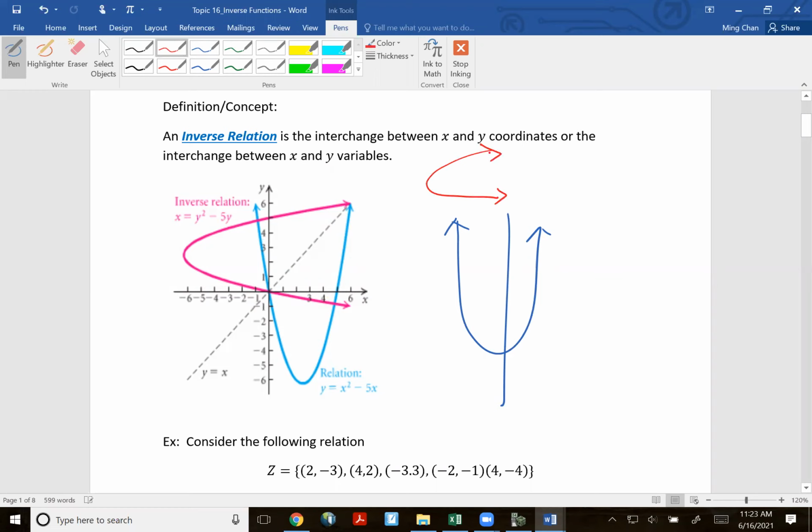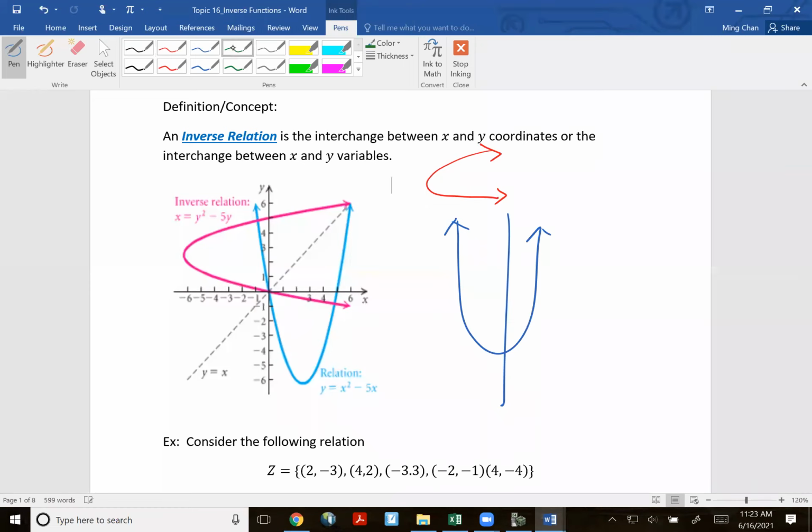So what do we call that? We call that a relation. All right, so where did this parabola open to the right come from? It comes from the interchange between all the x and y variables from the parabola that opens up. If you interchange every single coordinate on the x and y, then you end up with the inverse relation.